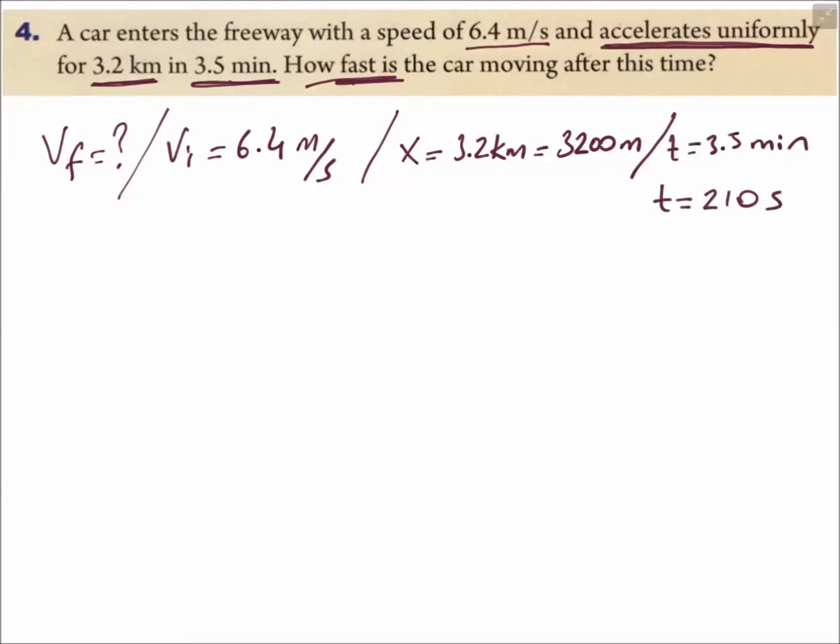In this question I'm going to use the formula delta x equals half v initial plus v final multiplied by the time, because the givens are the initial velocity, x and the time, and it's asking what is the final velocity.